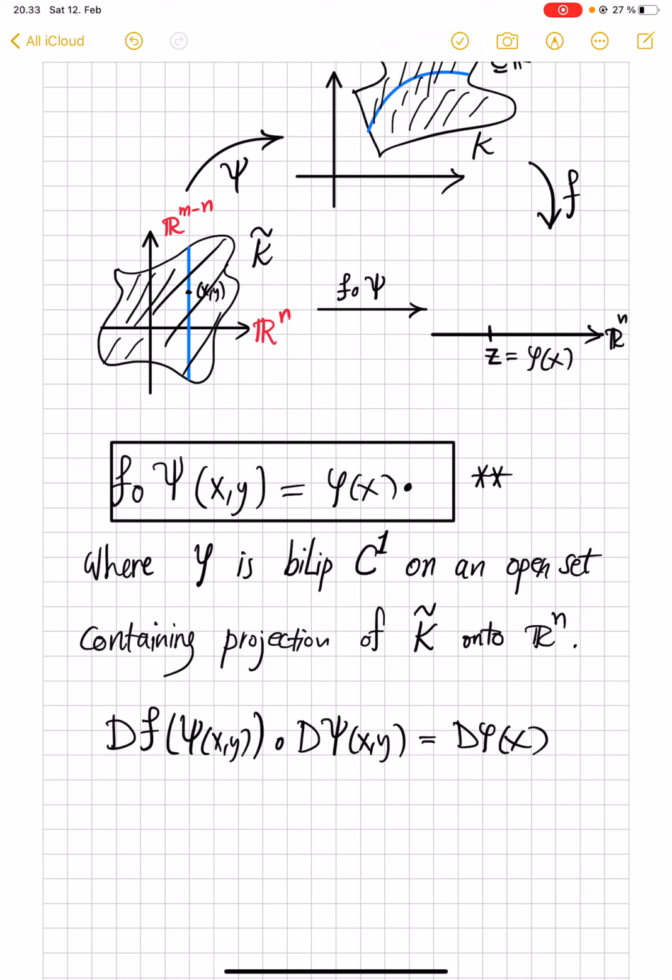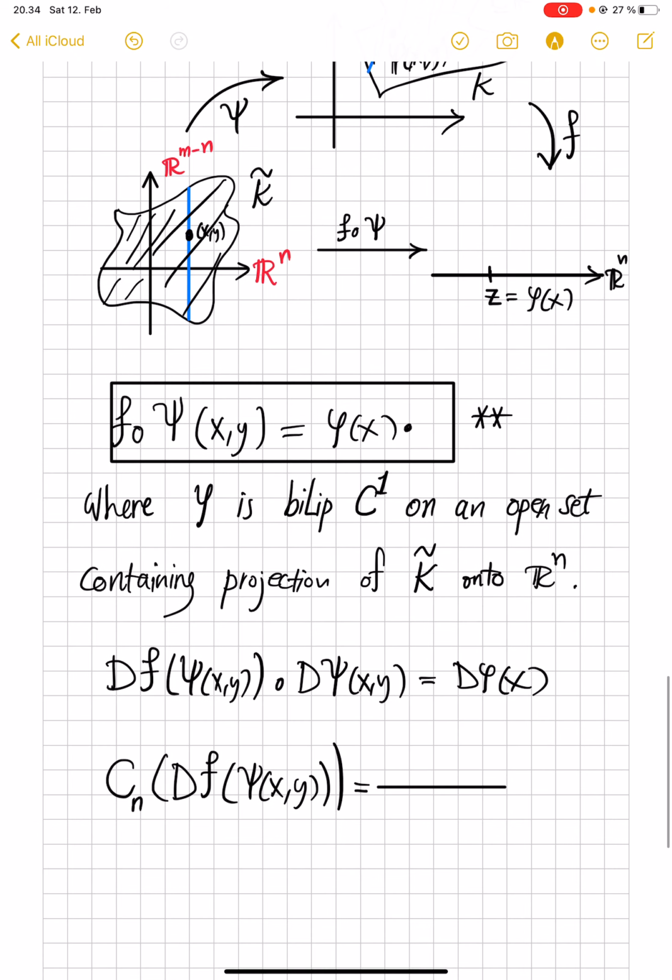Then we saw the Coarea factor is a bit trickier because it involves maps between non-equal dimensions. What we proved was that the Coarea factor of the derivative of f, that is the original function, computed at the image of psi, so this is xy here, so here is psi of xy, is equal to the following.